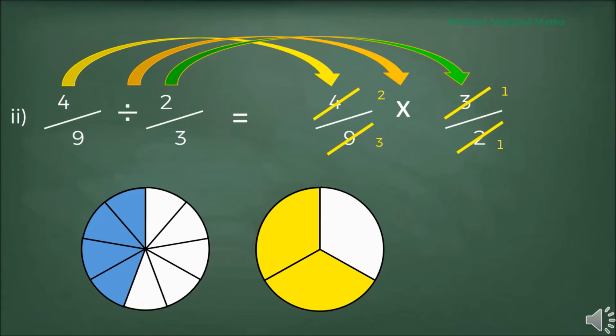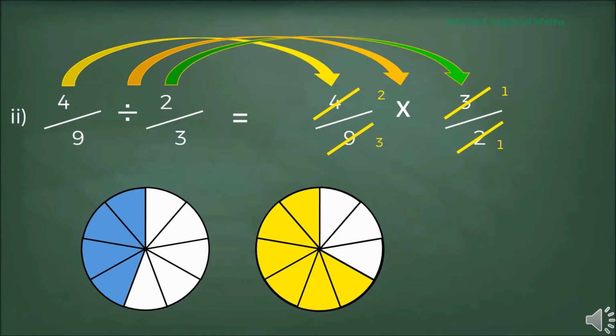But just for the sake of consistency, we can scale that up into ninths by multiplying the denominator and numerator by 3. So 2/3 is equal to 6/9. So 2 out of 3 yellow pieces becomes 6 out of 9 yellow pieces. Now what we're doing is saying how many times or how much of the yellow can we fit into the blue.